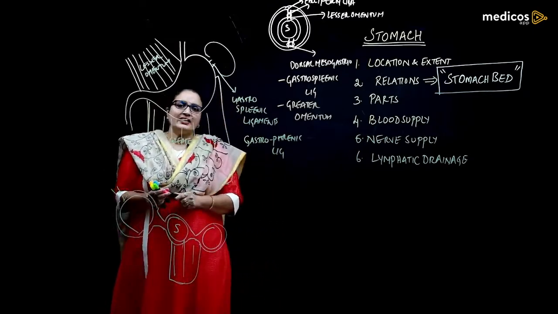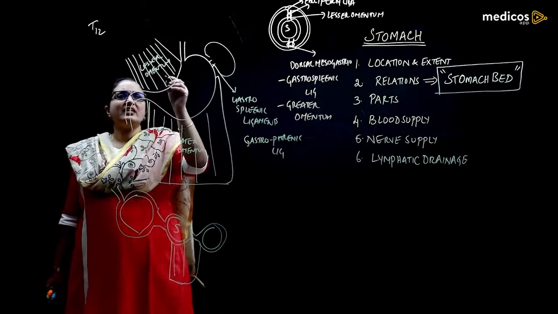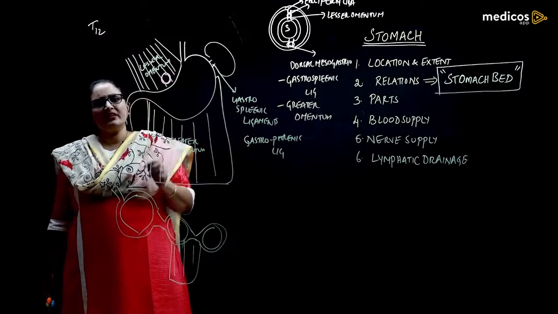At the level of T12, please remember, the celiac trunk arises from the abdominal aorta in the retroperitoneum.